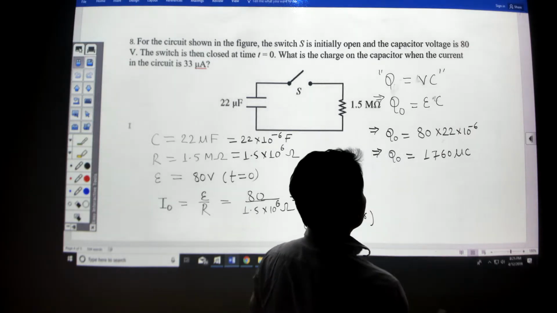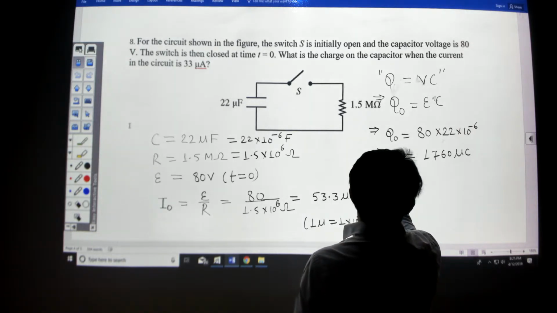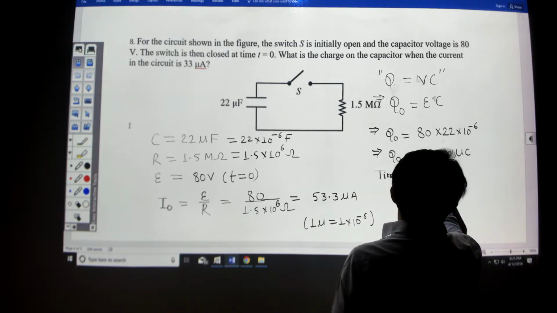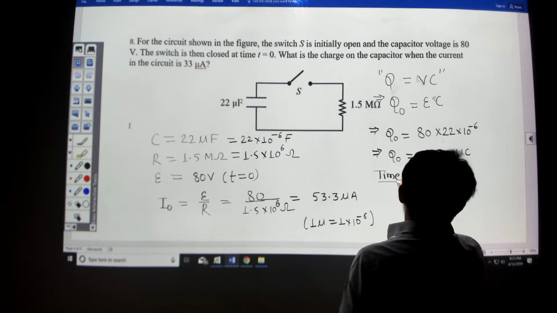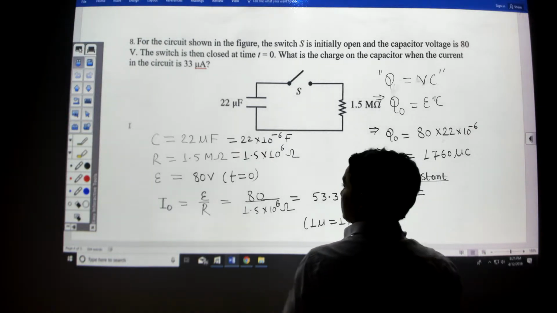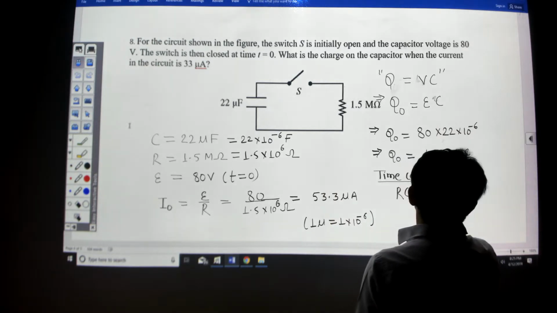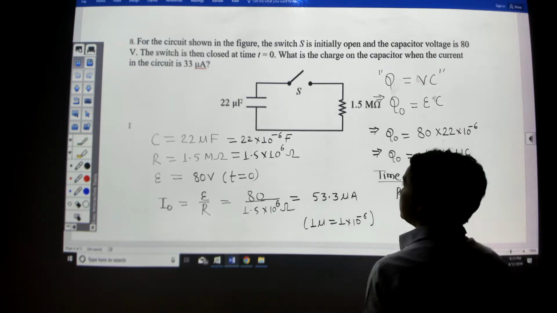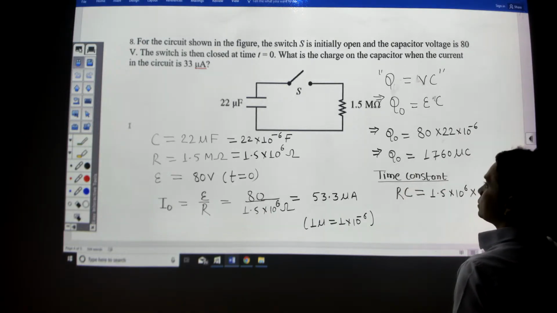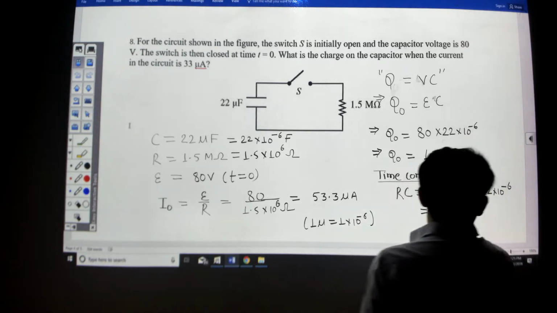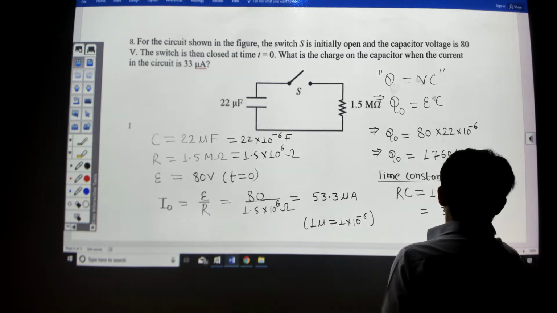Now let's find out the time constant. The time constant RC is called the time constant. What's the value of R? 1.5 times 10 to the 6, and the C is 22 times 10 to the minus 6. If you do your math, the number for RC you will get is 33 seconds.